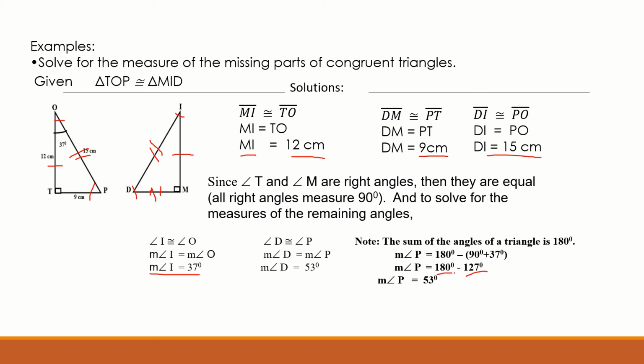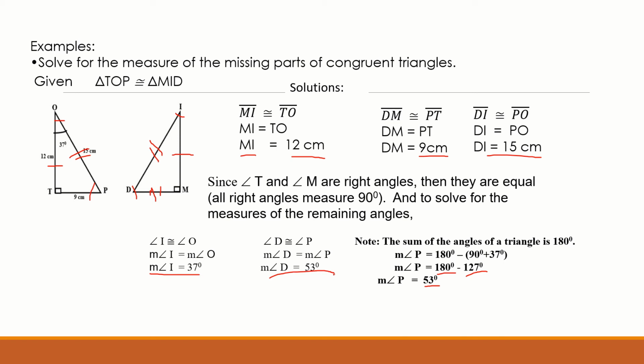Subtract natin yan sa 180, dahil ang sum ng tatlong angles na yan should be 180. 180 degrees minus 127 degrees is 53 degrees. Therefore, ang sukat ng angle P is 53 degrees. So, if the measure of angle P is 53 degrees, of course, the measure also of angle D is 53 degrees since they are congruent. Okay, so angle D is 53 degrees also.